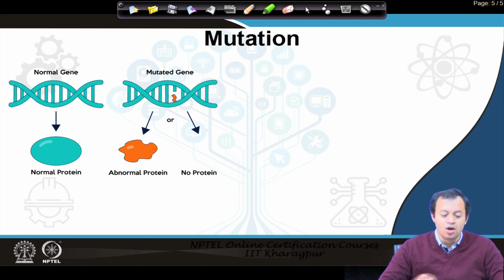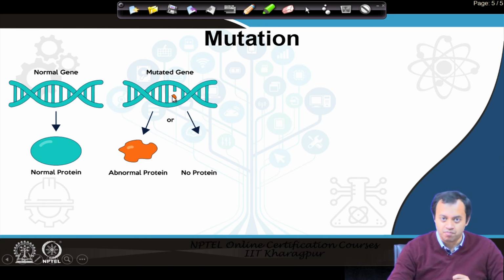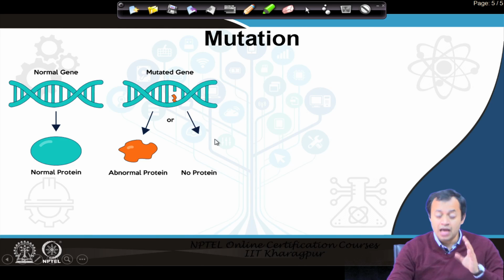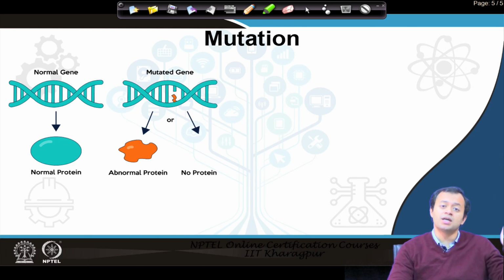Mutation is when you have a normal gene coding a normal protein, but some kind of change has happened in the base pair. As a result, either you get an abnormal protein or you get no protein created. I will go back to my original example of bits of ones and zeros to explain this.